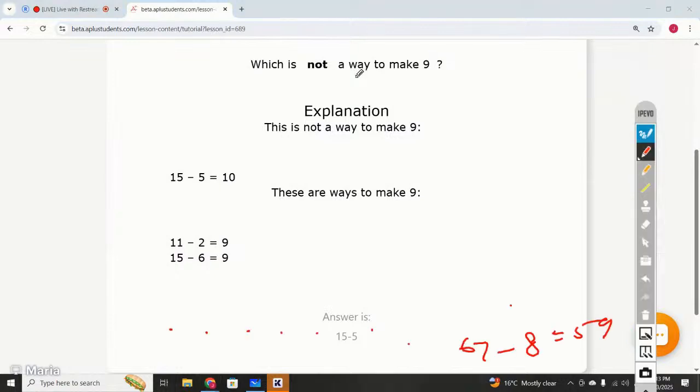So not a way to make 9, right? These are the options. They make 9: 11 minus 2 is 9, 15 minus 6 is 9, right? So the one that doesn't make 9 is 15 minus 5 equals 10.